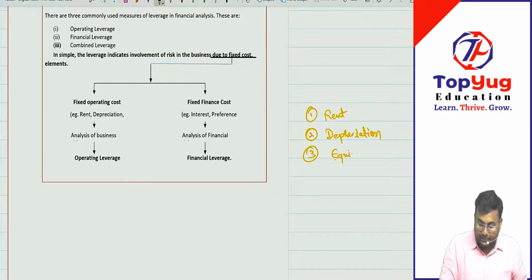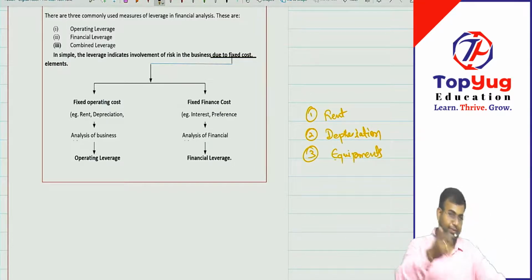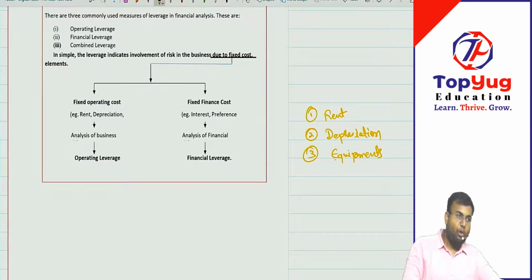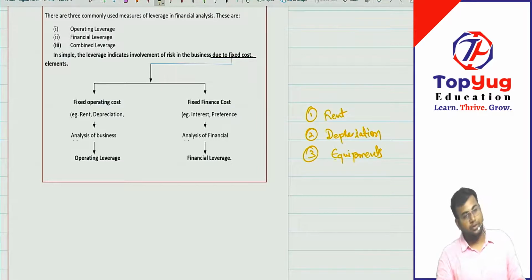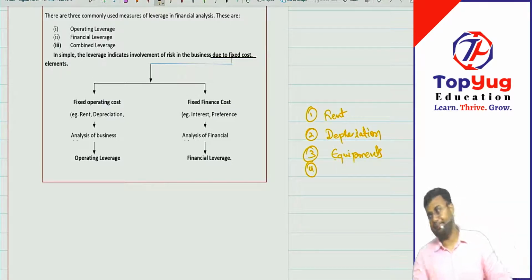I would say, fine, depreciation is a cost of equipment. If you would have bought that equipment on loan, then you might also have to pay interest. Right? As of now, I'm not taking that here.